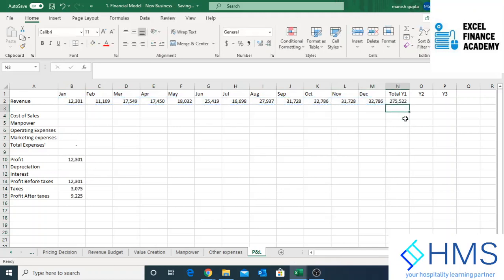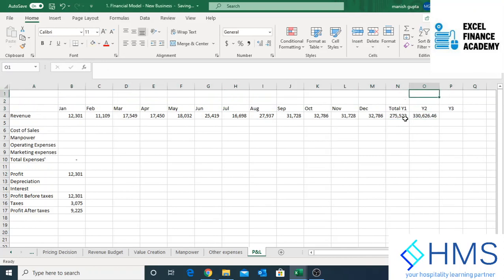Total revenue. Now say you want to do year 2 or year 3, you want to increase by another 20% growth. So you can just say 1.2, or you can make an assumption here, growth 20%, and multiply by 1 plus this.